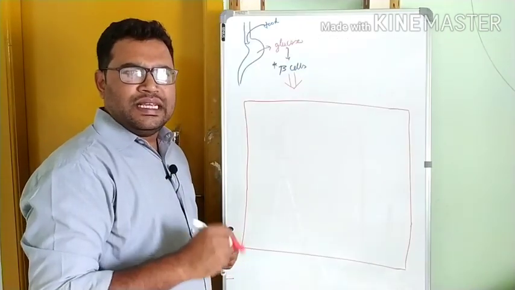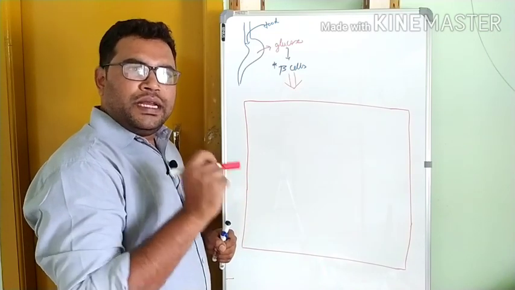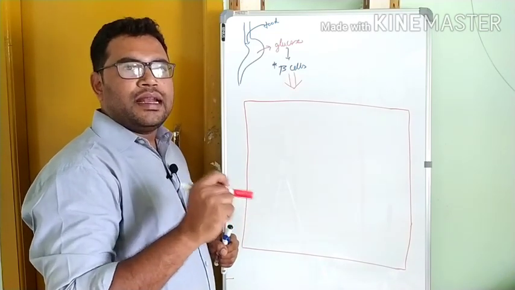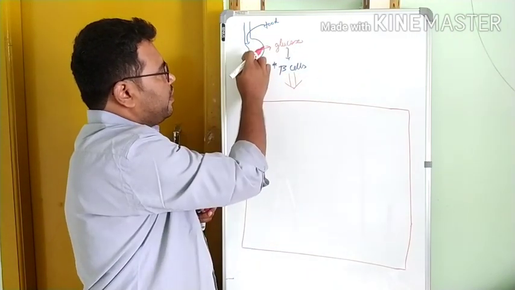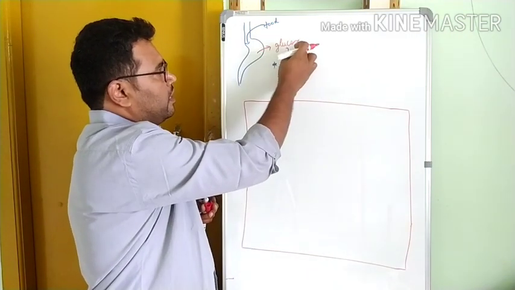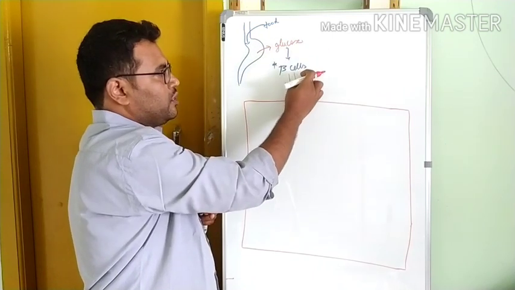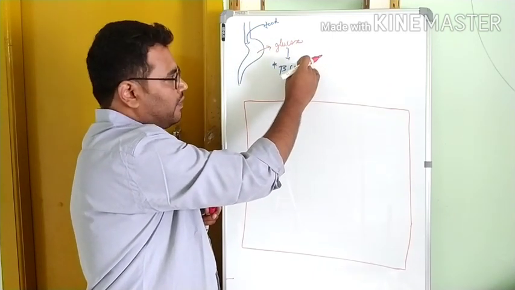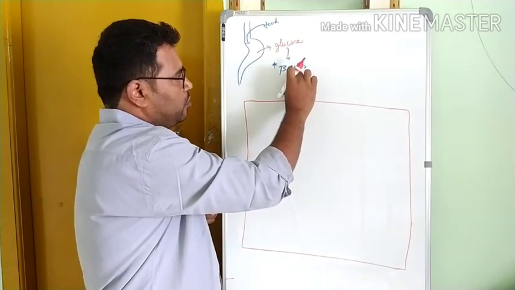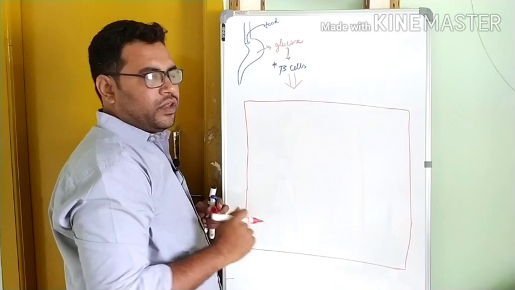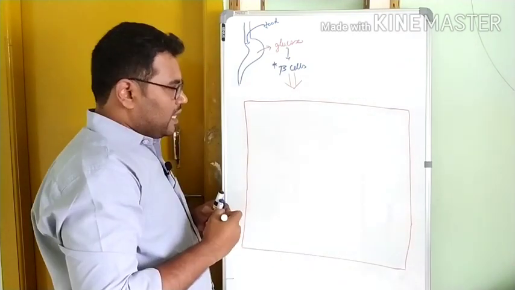Now we will discuss how beta cells are stimulated and release insulin. Just now we discussed that food, after entering the stomach, converts into glucose. This glucose will stimulate beta cells and they will release insulin. Now we will discuss exactly how beta cells are stimulated for the release of insulin, right? Suppose this is the beta cell in the resting stage.